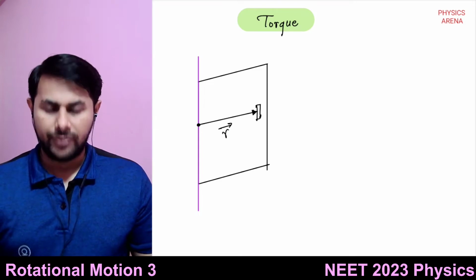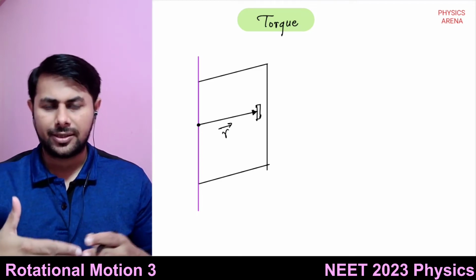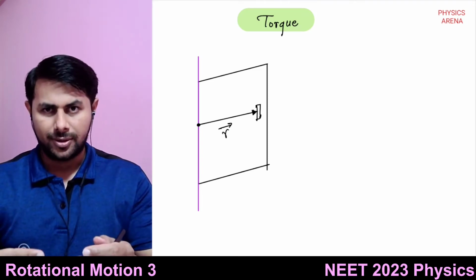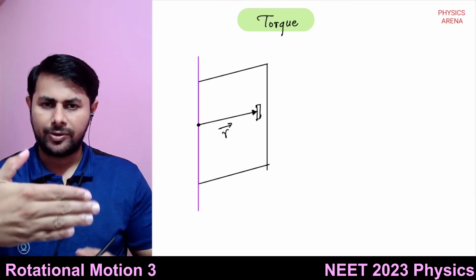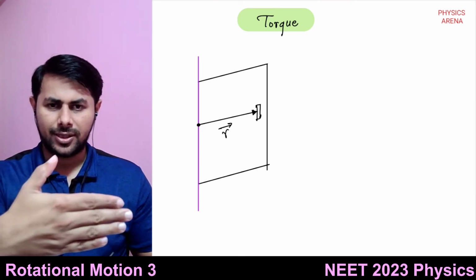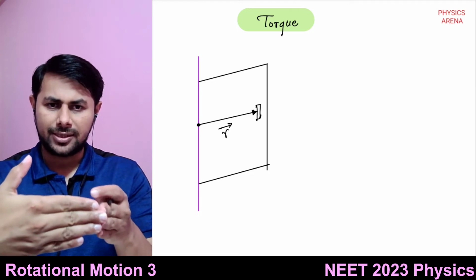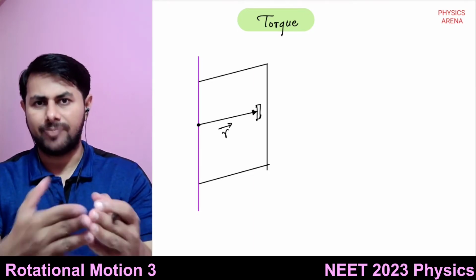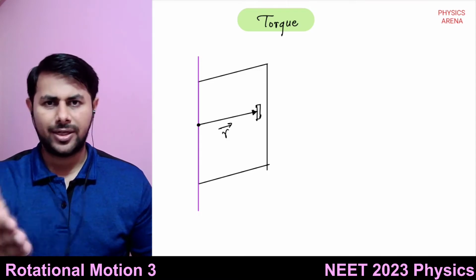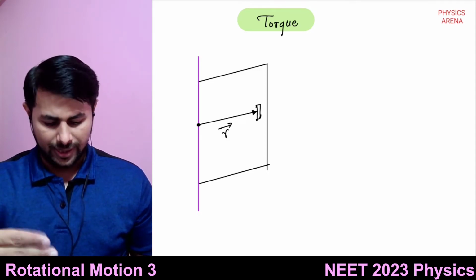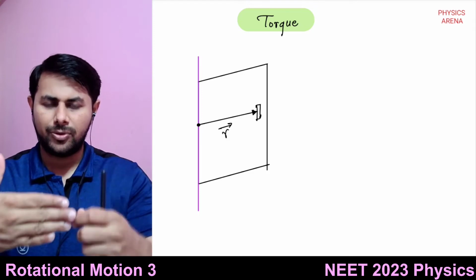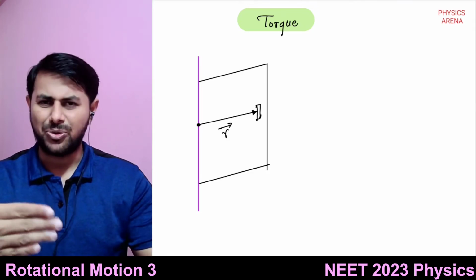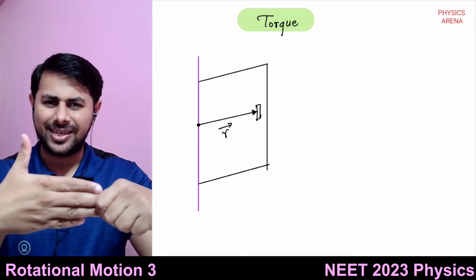Now we can see that when the force is exerted perpendicular to the door, the rotational effect is maximum. It's easy to rotate it. And when the force is exerted parallel, can you rotate it applying force like this?